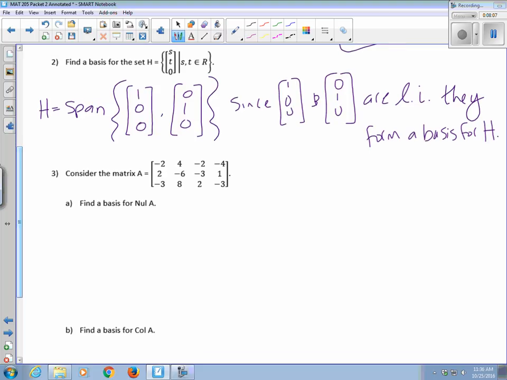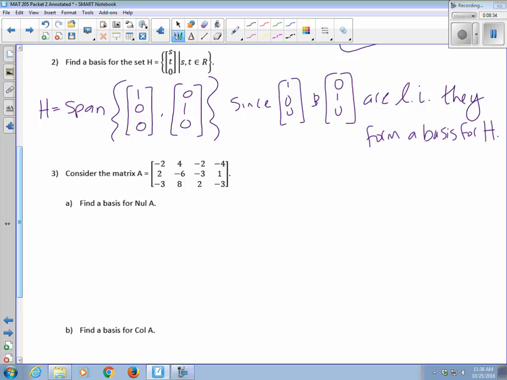All right, so now we're coming back to null A and col A. I want to find a basis for the null of A. So this is exactly the same process you just did in the previous lesson. Augment with zeros, row reduce, parametric vector form, because the spanning set turns out is also linearly independent using that procedure.